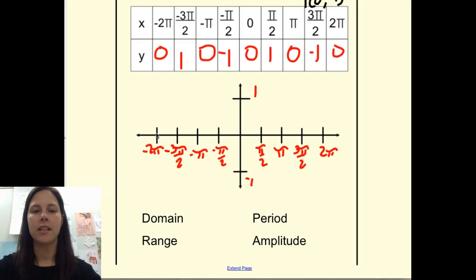Plotting those points, negative 2 pi is 0, negative 3 pi over 2 up at 1, back to 0, down to negative 1, back to 0, up to positive 1, 0, down to negative 1, back to 0. Our sine function looks like a wave.